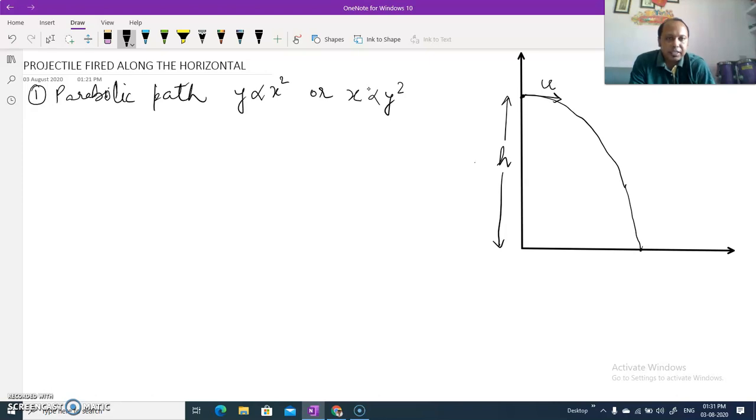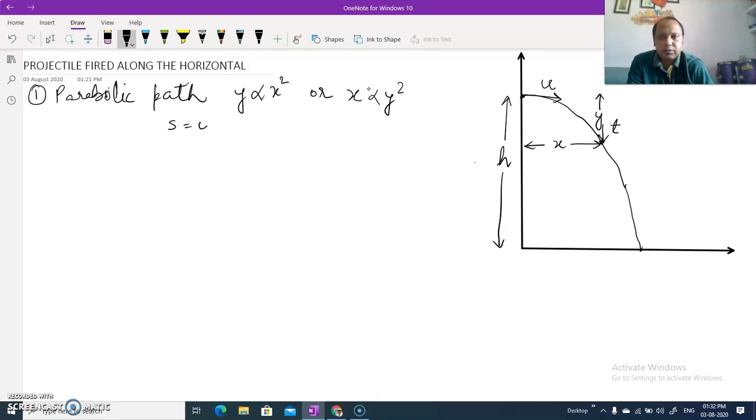So first of all, let us consider that the projectile is at a particular point at some time t. So it has covered a horizontal distance. Let the horizontal distance covered at this time be given by x, and it has also covered a vertical distance. Let the distance be given by y. So we know the formula for displacement.